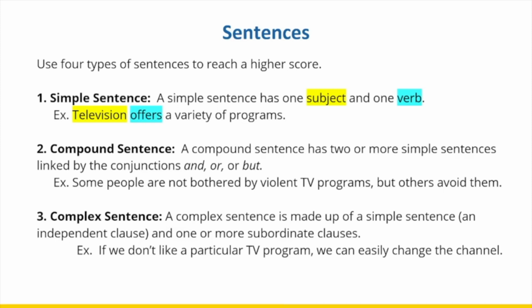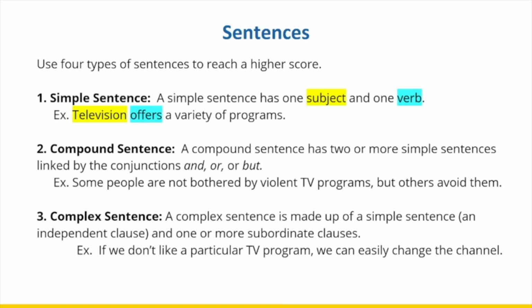The first part is actually called a dependent clause. Dependent because it begins with if, and if you read it, it depends on the second part of the sentence. It's incomplete. For example, if we don't like a particular TV program, see, it's not a complete sentence. That's why we call it a dependent clause.